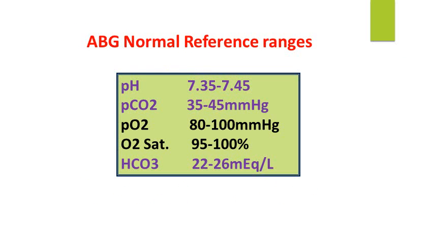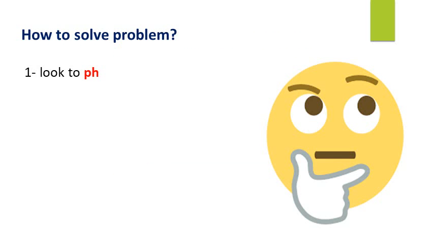Normal reference range of ABG: pH 7.35 to 7.45, PCO2 from 35 to 45, bicarbonate 22 to 26. How to solve a problem? First, you should look at the pH.